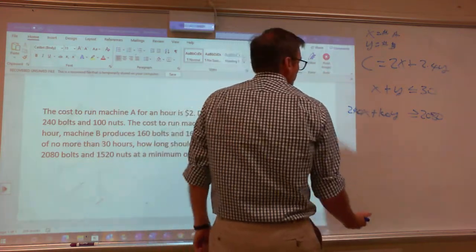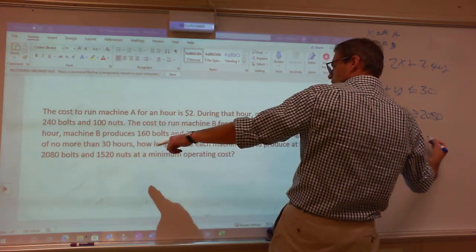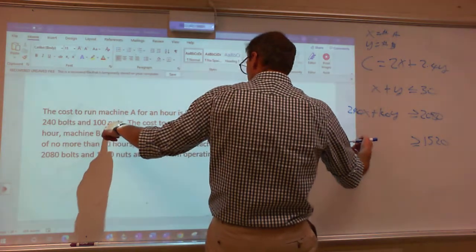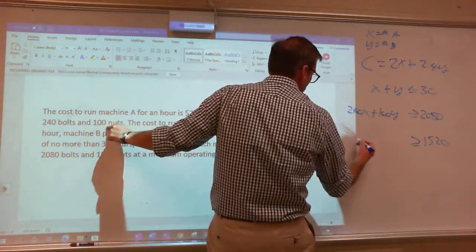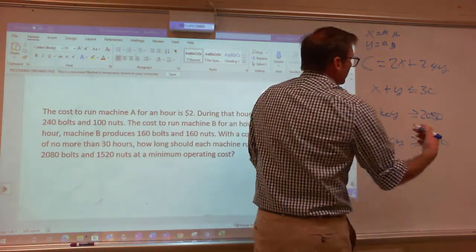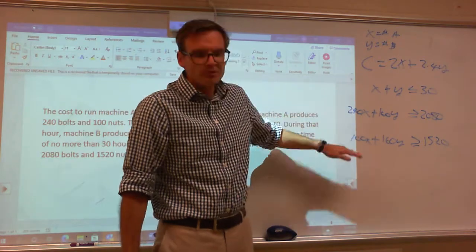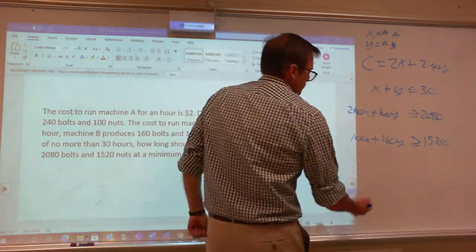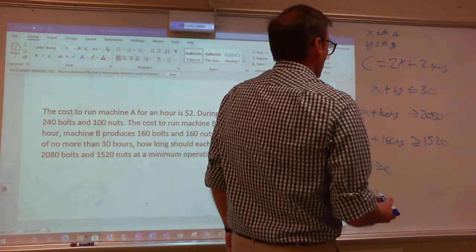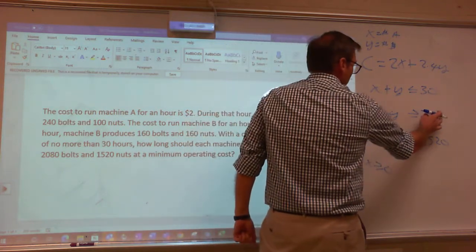And a similar argument for the nuts: this was 1520, and this was our nut equation, so this was 100x plus 160y greater than or equal to 1520. This is all dealing with nuts, this is all dealing with bolts. So 240x plus 160y is greater than or equal to 2080.